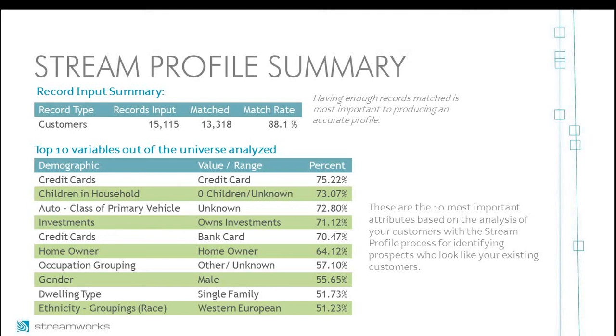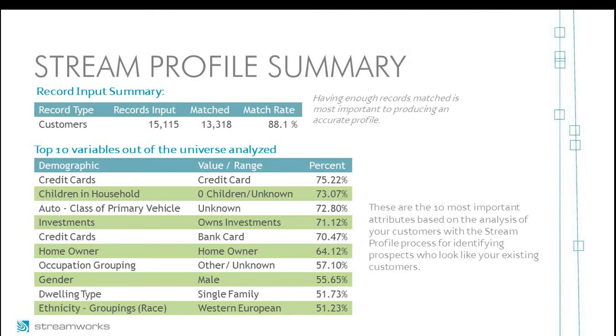Down underneath here is really the meat of the whole entire profile. The top 10 variables out of the universe that was analyzed and what fell in line. So credit cards, 75% of those input have a credit card. Children in the household is unknown, which would tell me there are probably 0 children in some of those households.